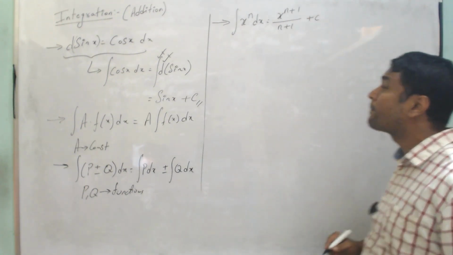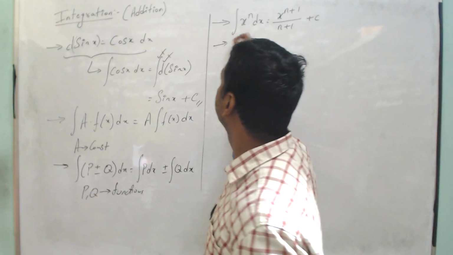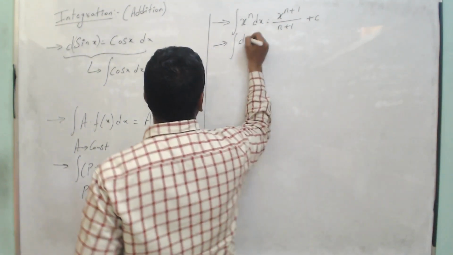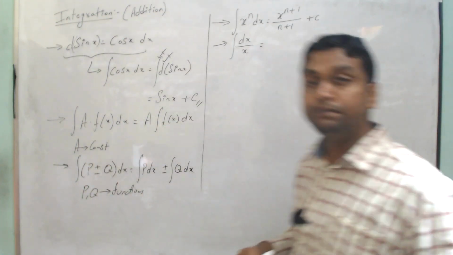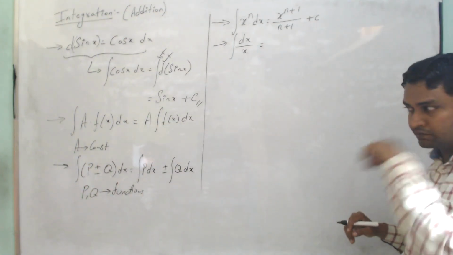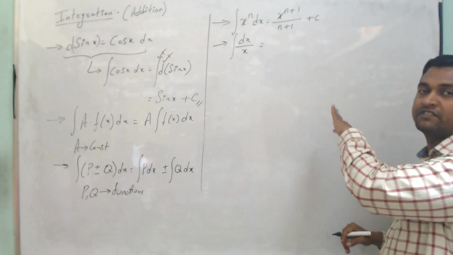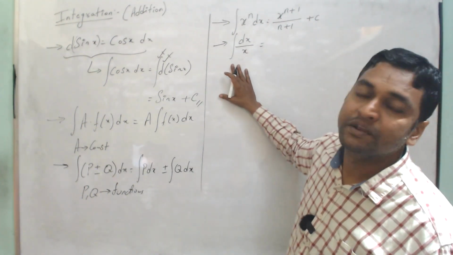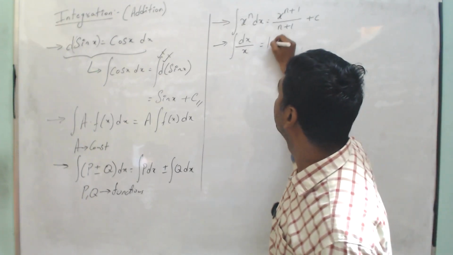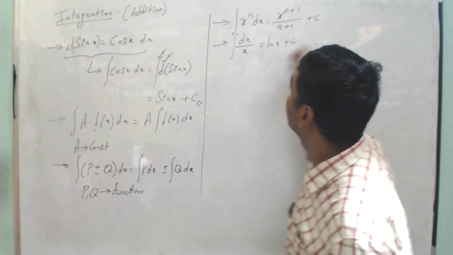Similarly, if I do the integral of dx upon x, previously we saw that the differential of ln x is 1 by x. So the integral of 1 by x dx gives ln x plus c.